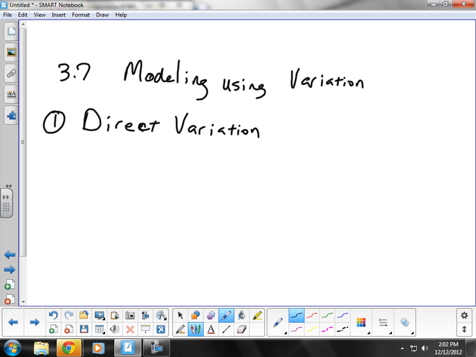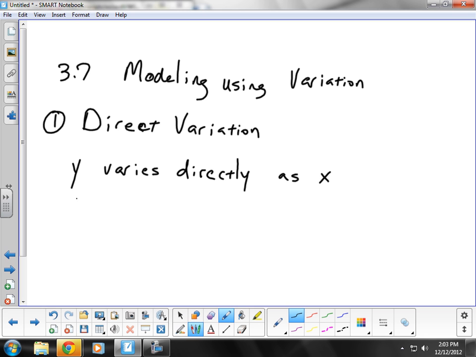When you talk about this, what you're looking for in a verbal description are the words y varies directly as x.